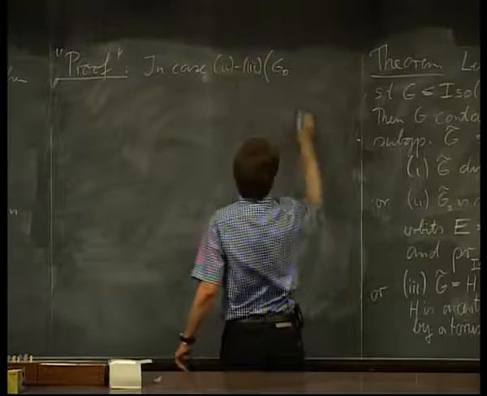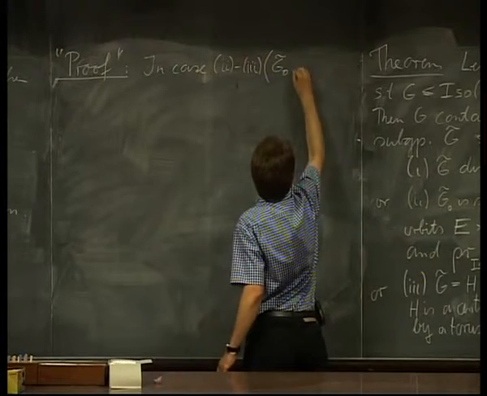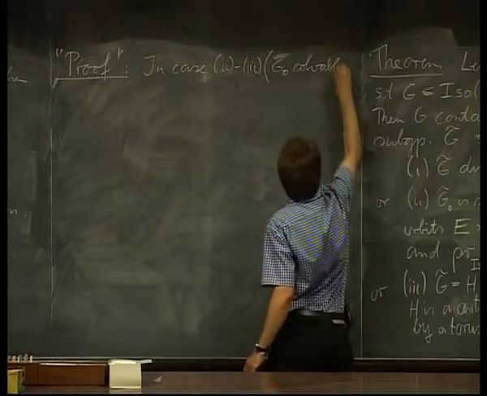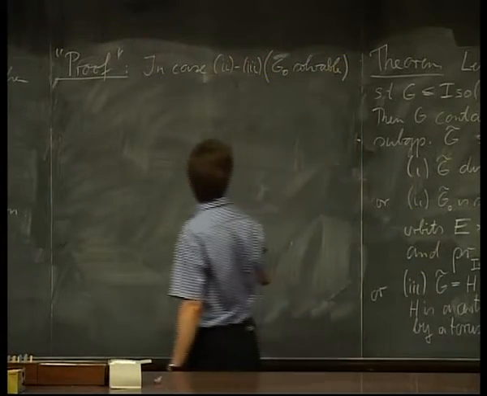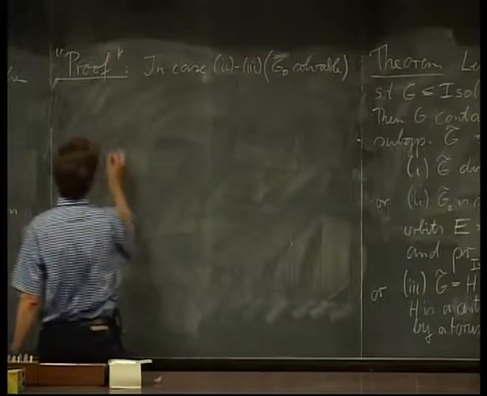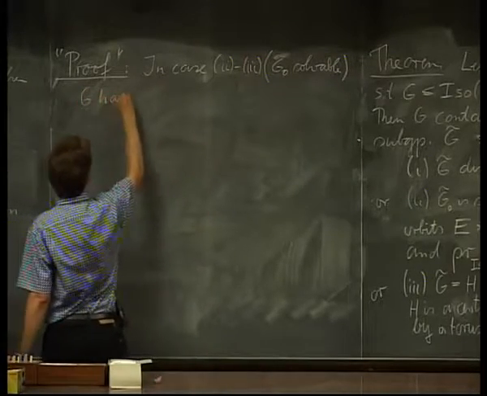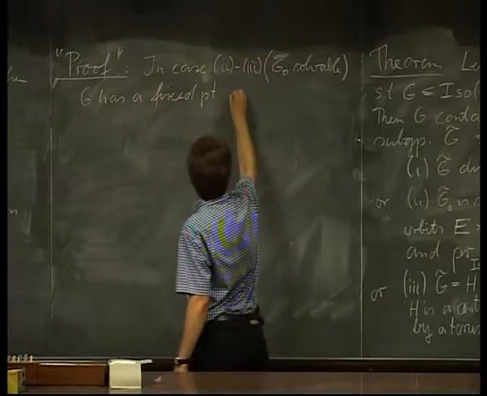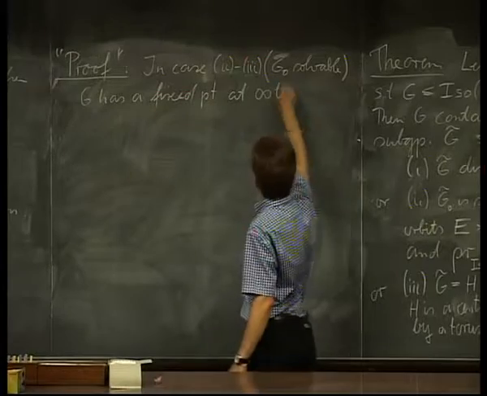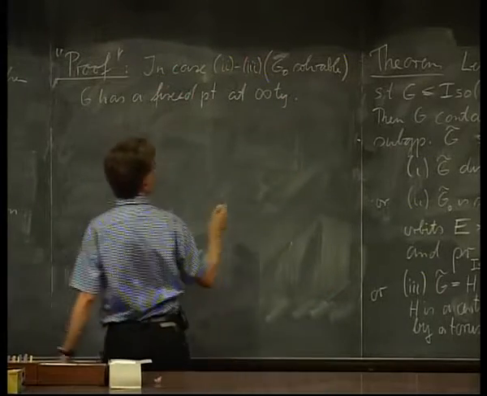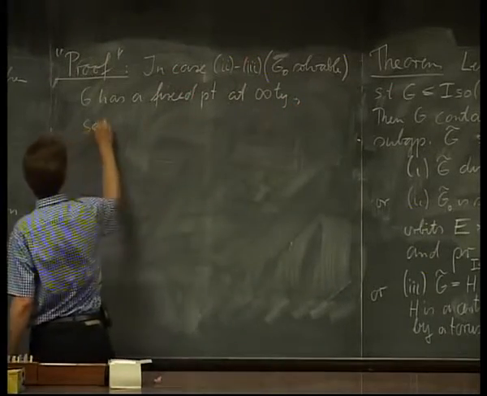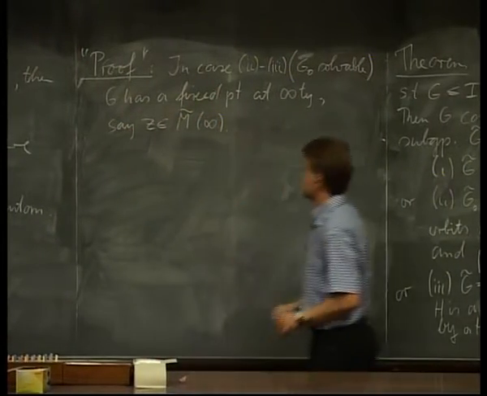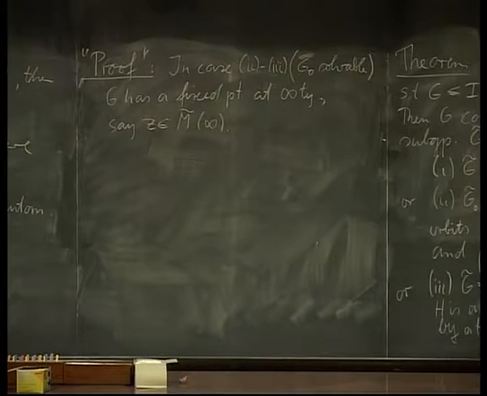So by that I mean that the universal covering of the group we start with should be solvable. The whole of G has a fixed point at infinity, let's call it Z. So some class of asymptotic geodesic rays.